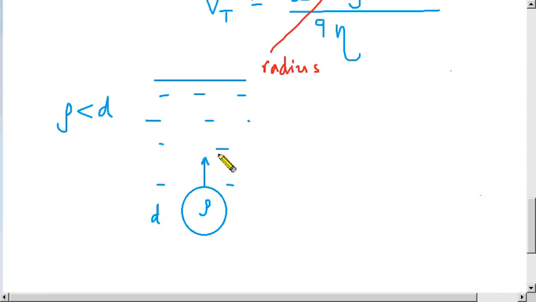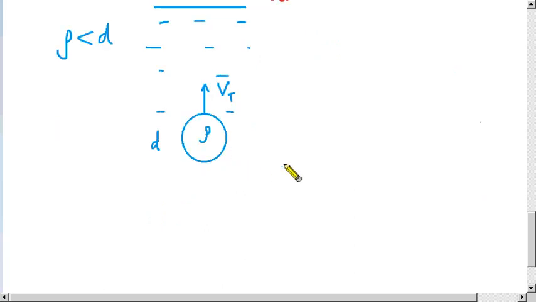So it achieves a terminal velocity in the same way as previously. Here mg acts in this direction, then the upthrust in this direction, the upthrust is always upwards in the water, and it is moving upwards because this condition is there.